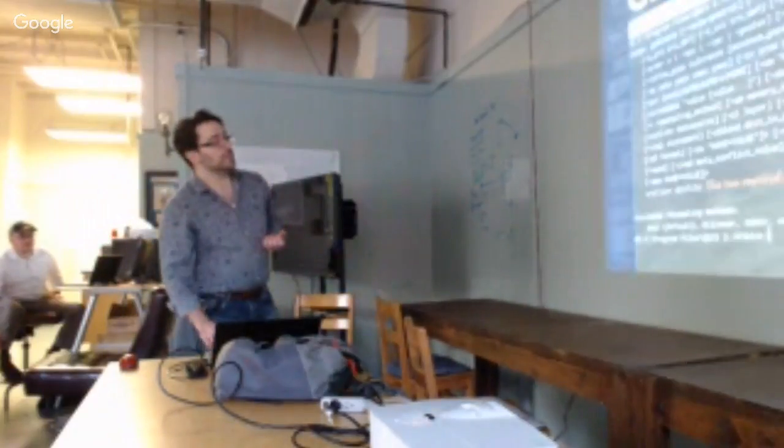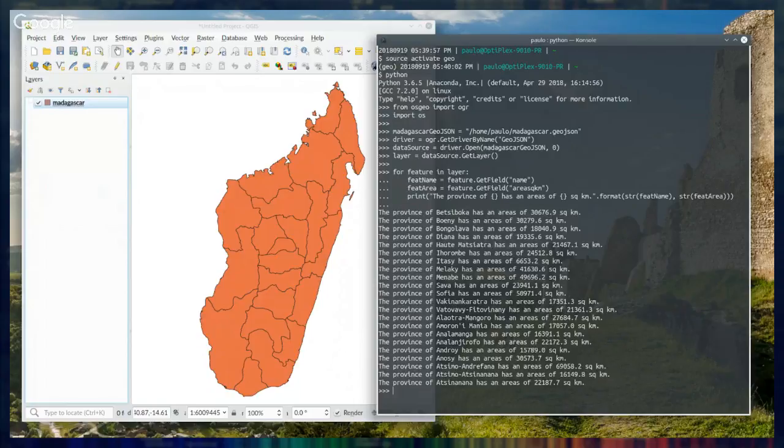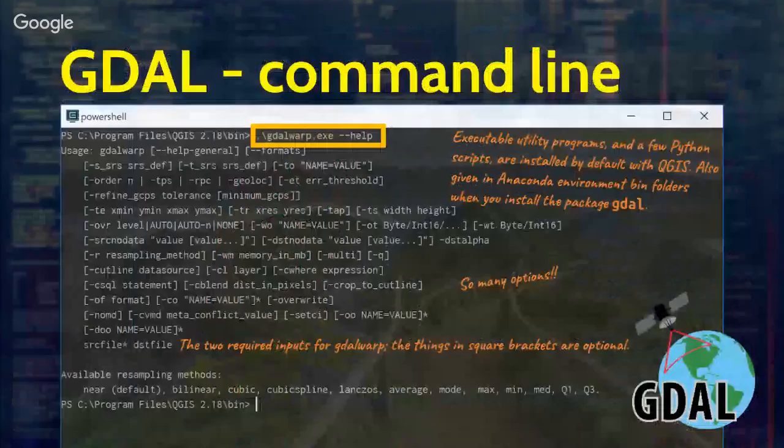So again, GDAL comes with these great command line tools, which, depending upon how you've installed GDAL and whatever you're working on, are compiled for your native OS. In my case that's Linux, but in this example on the screen, this was done on a Windows machine, so they're .exe files. These are programs that you can run from the command line.